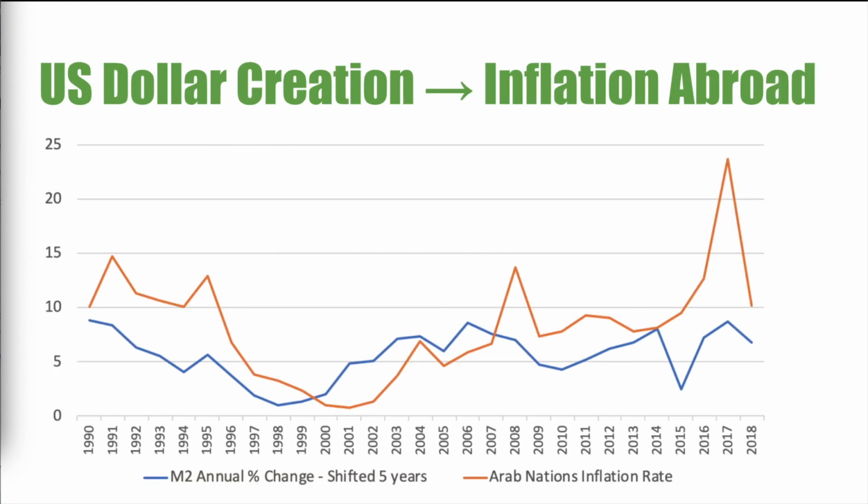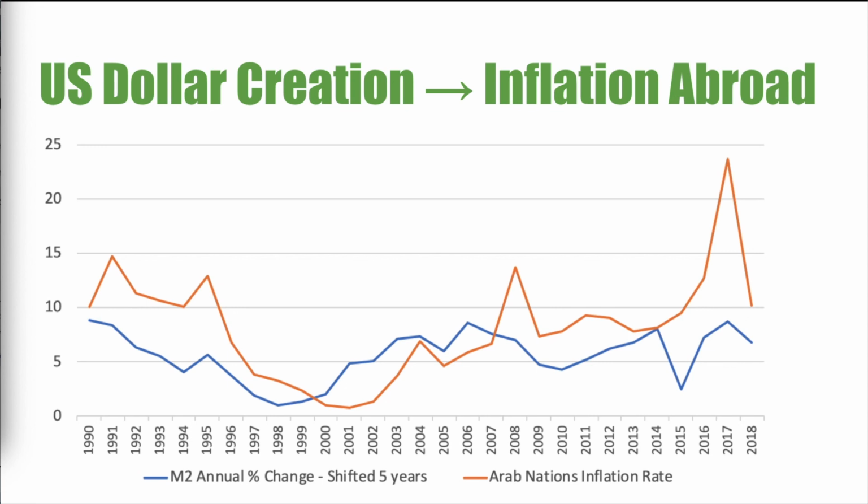If you look at US dollar creation and the correlation to inflation abroad, I've looked at the M2 annual percent change here. So M2 is inclusive of Federal Reserve money, so like actual physical cash, as well as bank reserves and money in bank accounts. So it's a good measure of all the dollars that are flowing around in the economy, probably the best measure that we can get.